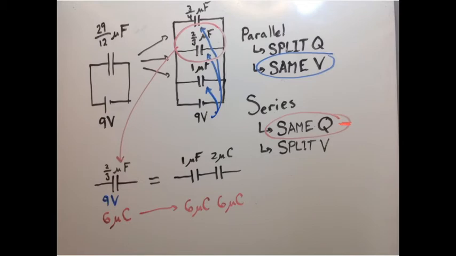So that means that if the 2/3 microfarad capacitor has 6 microcoulombs on it, then the 2 capacitors of which it is composed have the same charge as that one. Again, when I say same, I mean same. I don't mean split, okay? So don't be like, so 3 and 3. No, I mean if the 2/3 gets 6 microcoulombs, then the 1 and the 2 microfarad capacitors of which it is made also get 6 microcoulombs on them.